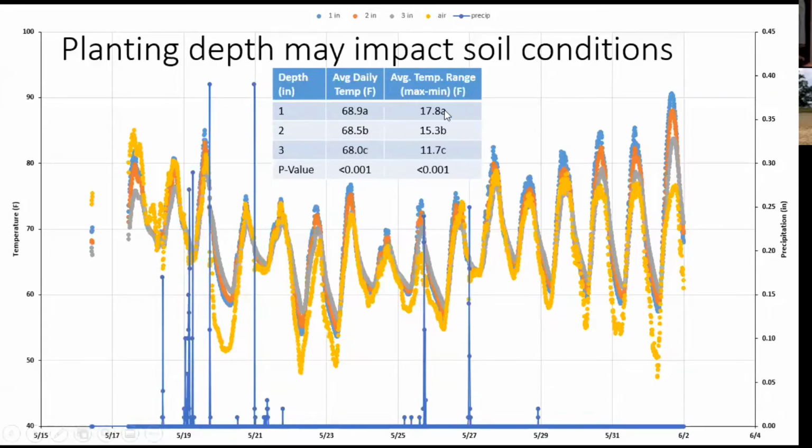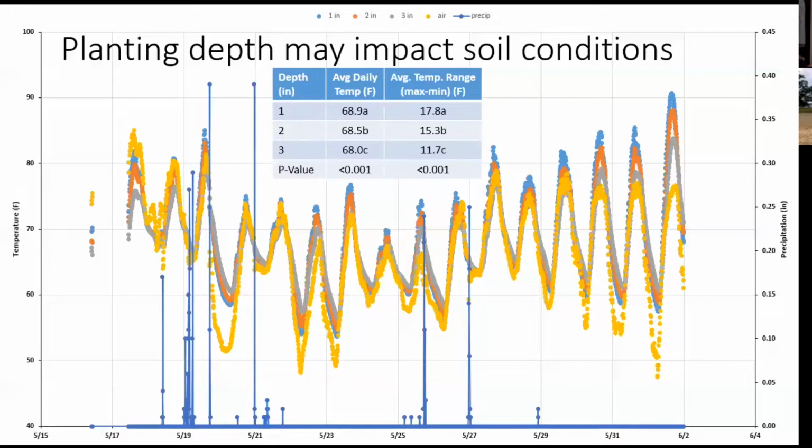But the other thing that was really interesting was the range in temperatures experienced. So over this emergence window, basically we had about an 18-degree swing at our 1-inch planting depth, going from max temperature in the day to our minimum temperature in the day. But you go down to 3-inch depth and that swing went down to about 12 degrees.